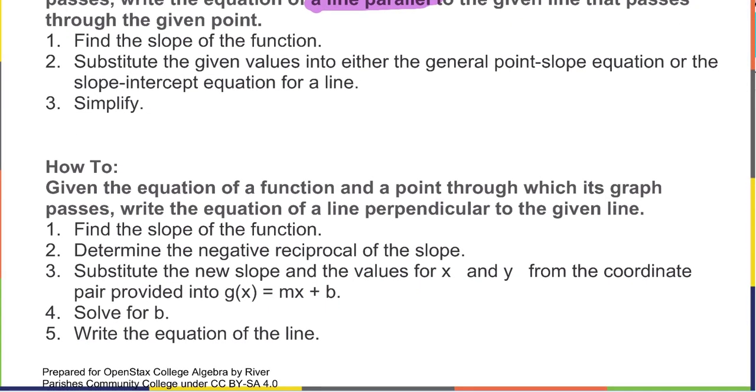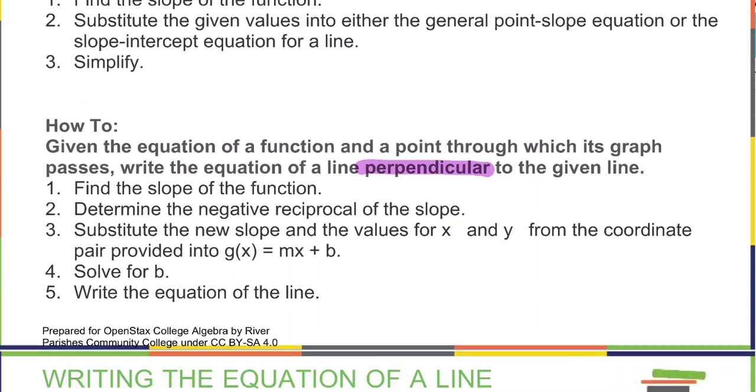Then if you're doing a perpendicular line, you find the slope, then determine the negative reciprocal of the slope, substitute the new slope and the x and y values from the coordinate pair provided into g of x equals mx plus b. Or honestly, you can put it into the point slope form again. Solve for b, write the equation.